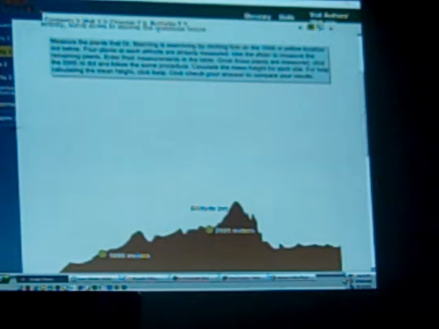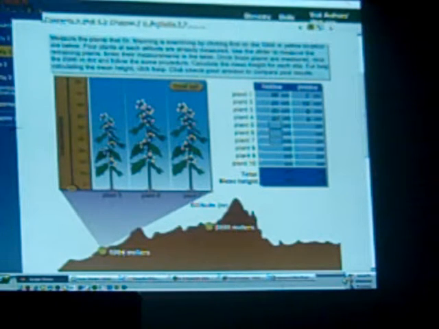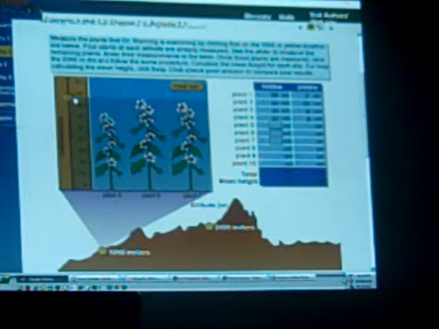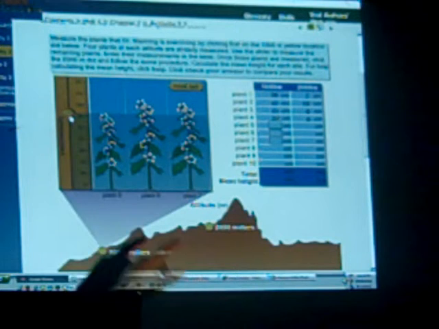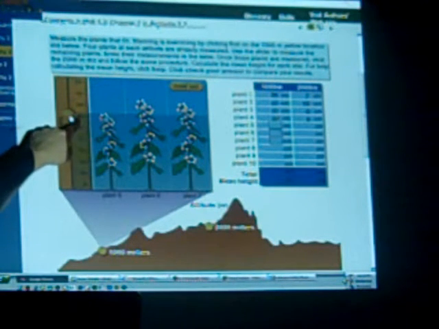All right, so we're going to measure the plants. We're going to measure the plants by clicking on this, and then we're going to click on that later and measure those plants. All right, and so I'll get down here. The way that we do this is we run the slider up and down, and that tells us, you can see here, the height of these plants in centimeters.